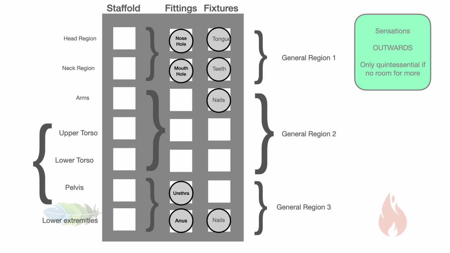We've got teeth for, you could say tactile out or force transferred out, but basically outwards touch. And then you've got nails, similarly for outwards touch, and then toenails also for outwards touch. So there's not as many sensory parts that are associated with outward sensation.